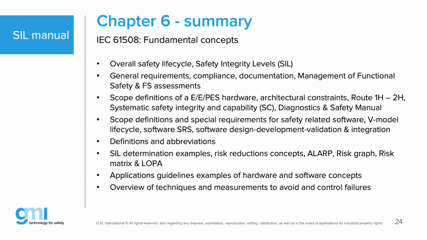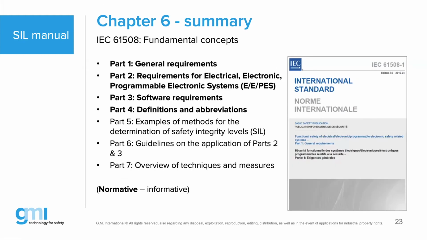Why don't you, Tino, give a little better explanation of the difference between a normative part and an informative part? I mean, it's very clear by the name, normative, but I get this question from clients. When a manufacturer like GMI makes a statement that they comply to the 61508, as a minimum, they need to prove that they comply entirely to the complete part 1, 2, 3, and 4.